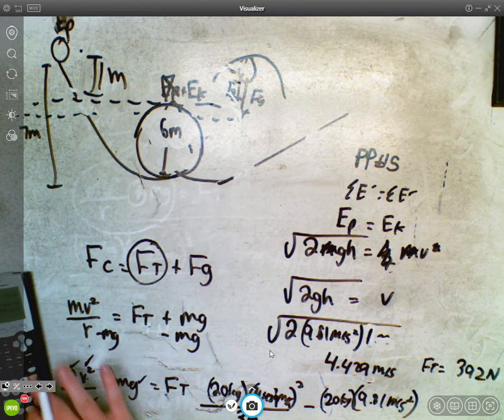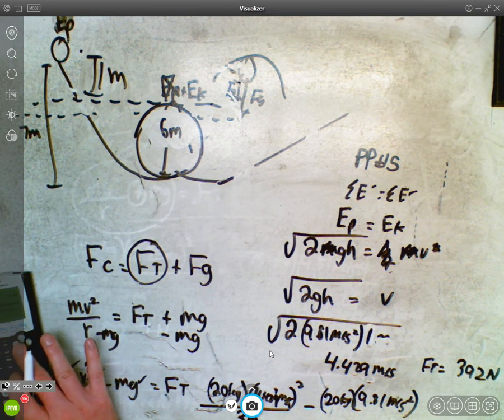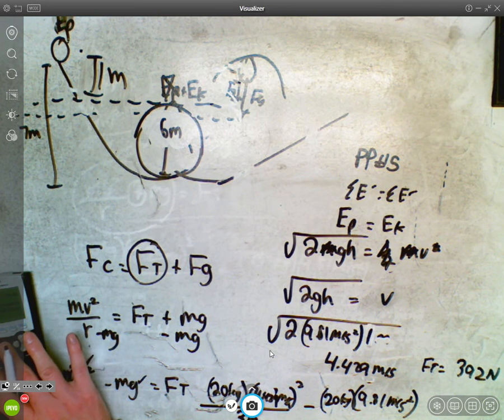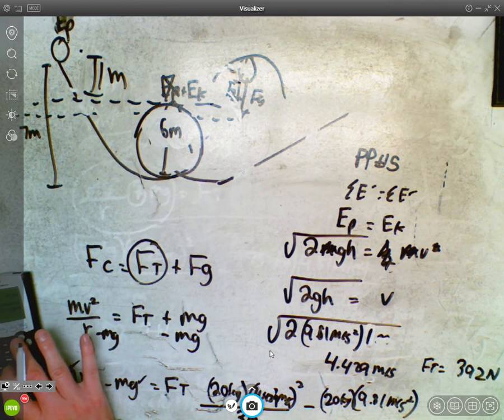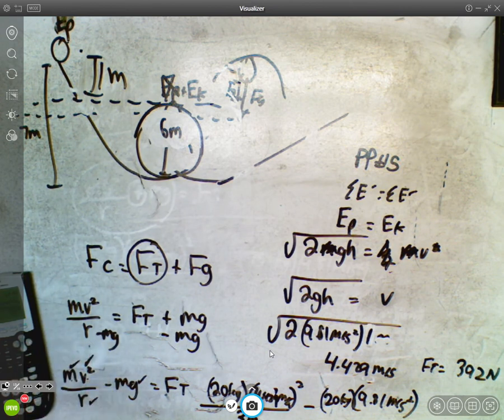So if I go back to that last equation that I typed in, my radius is now 3, and my speed is now that. Well, for the second one, we get an answer of negative 65.4 newtons.